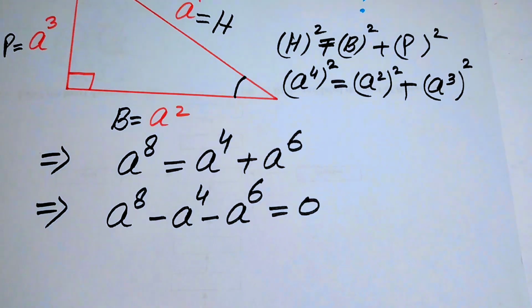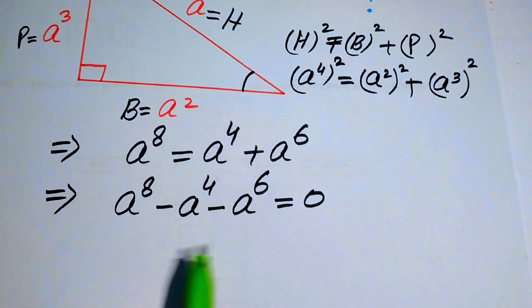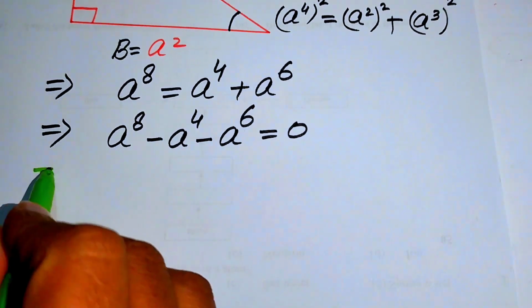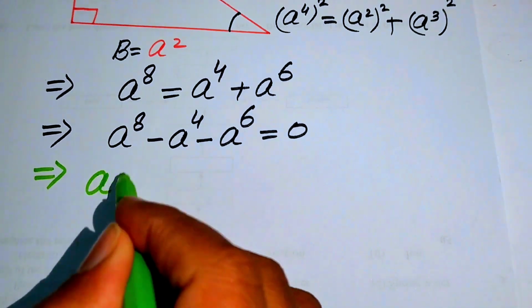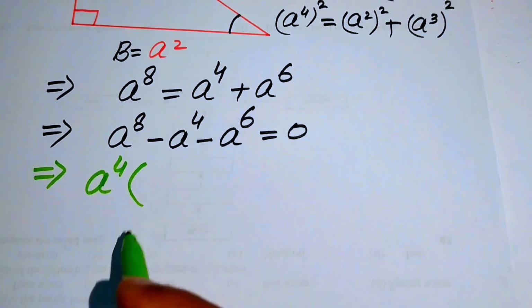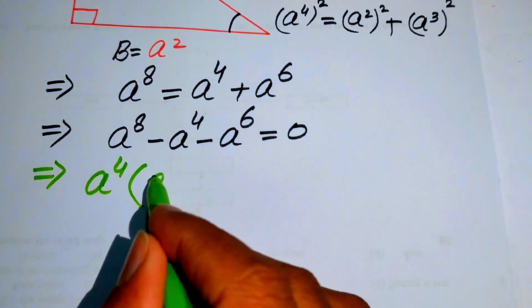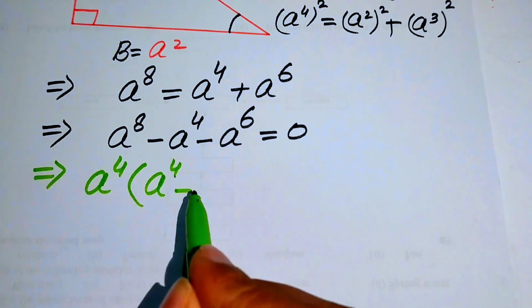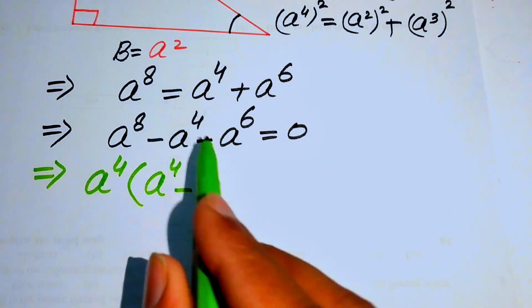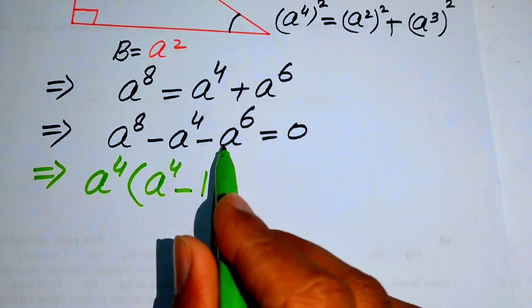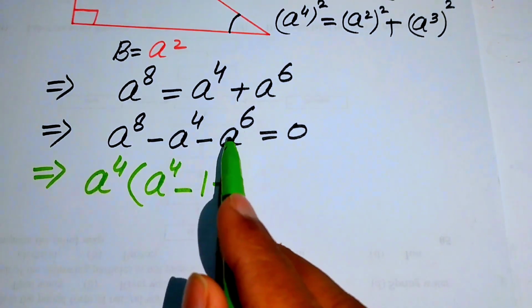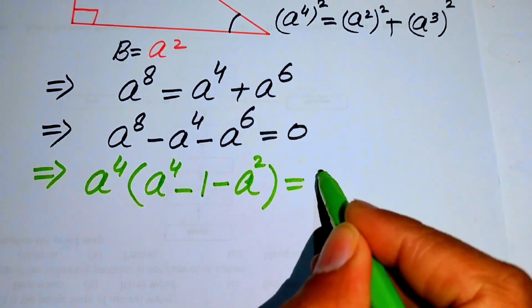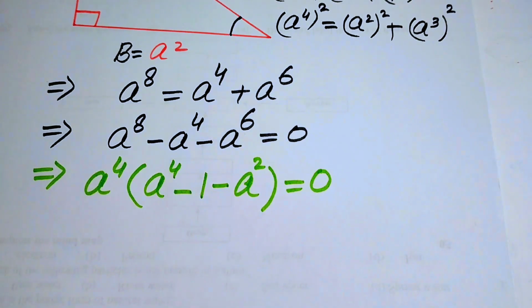In the next step, you see here we have a to the power of 4 as the common term, so we take common a to the power of 4, and here you get a to the power of 4 minus 1 minus a square, and this whole equals 0.